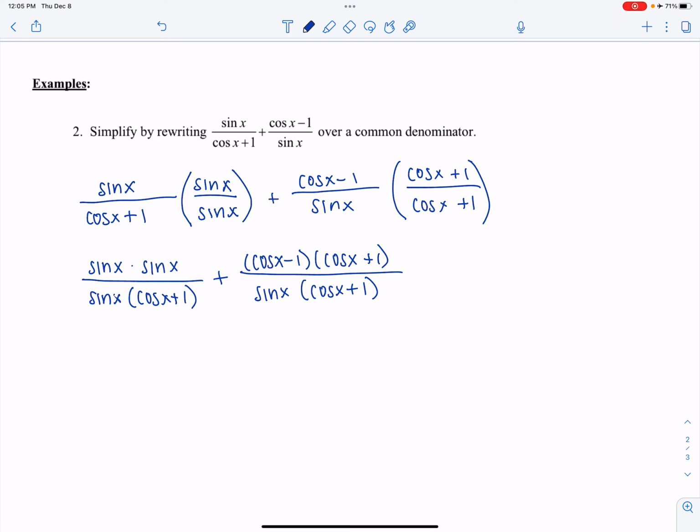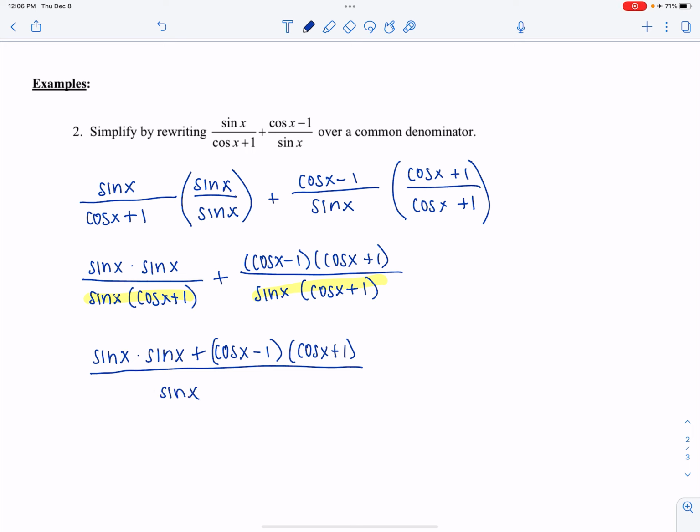Okay, so now we can notice that we do in fact have common denominators now, so we can add them. So that means we have on the top sine of x times sine of x plus cosine x minus 1 times cosine x plus 1, and on the bottom we have sine of x times cosine of x plus 1.